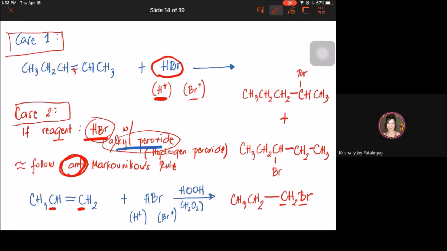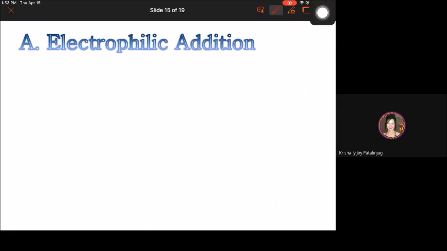Now, if dili ma-apply ang Markovnikov's rule, kasi nga the same ang degree of substitution of hydrogen in both double bond carbons, then you will produce a mixture of products. You have to provide the mixture of products. So that is all about hydrohalogenation. Okay, let's proceed to hydration.